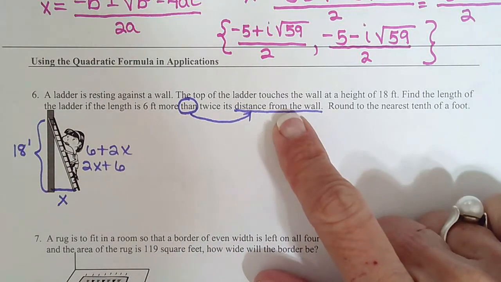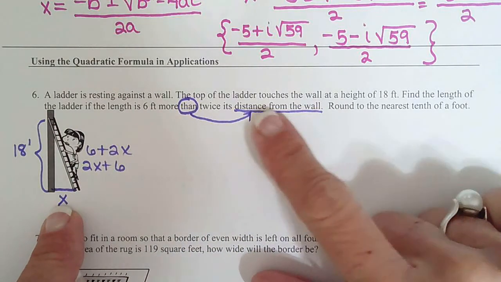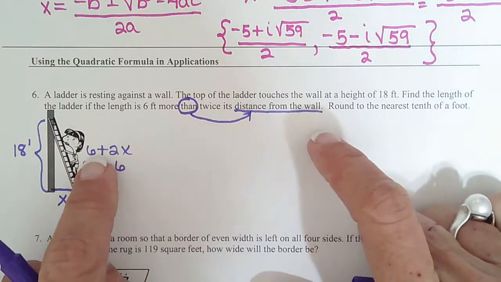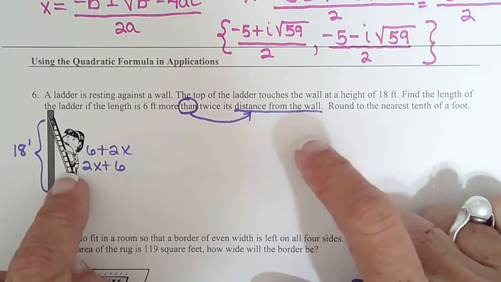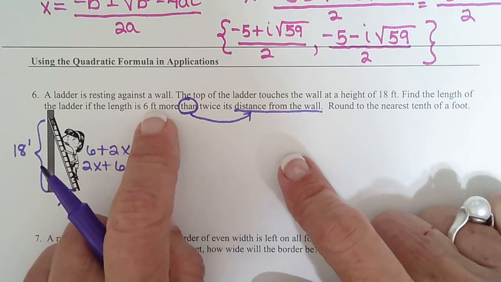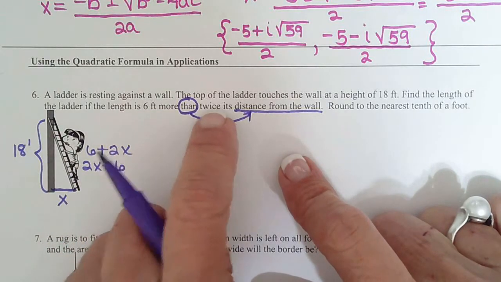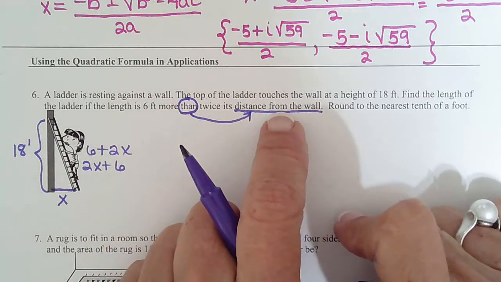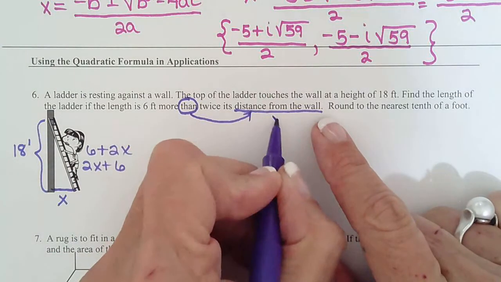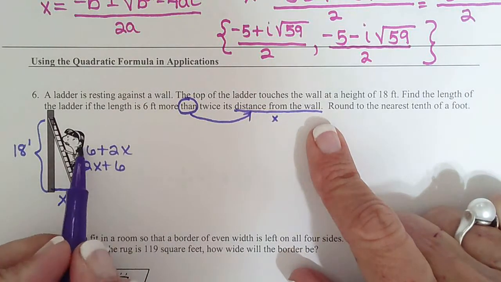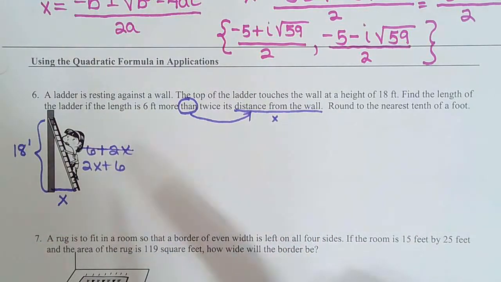Whatever follows than is your X, and that's distance from the wall. Then you reread that sentence to get the ladder. So 6 feet more, that means 6 plus, twice means 2 times, and this we called X. And then I just turned it around to make it look better. So I'm just going to put a line through there so we don't get confused.